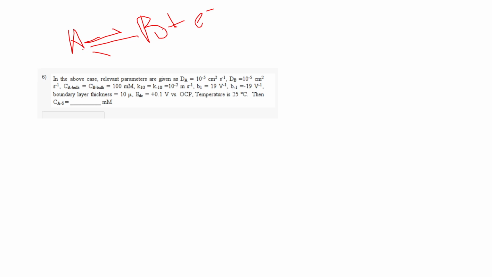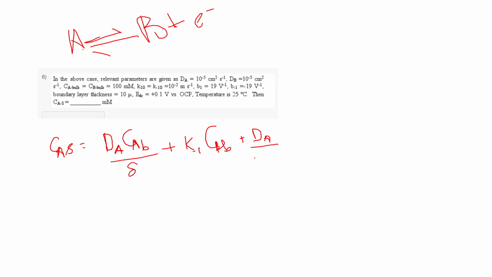So what is the CAS equation, the concentration at the surface? dA by delta, in bracket Ca bulk plus K minus 1 dC into Cb bulk, plus K minus 1 dC into Ca bulk, dA by dB K minus 1 dC.